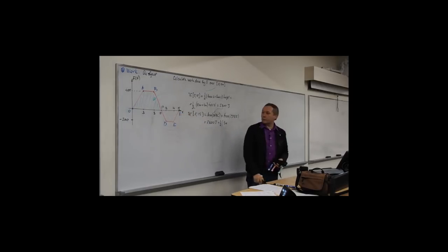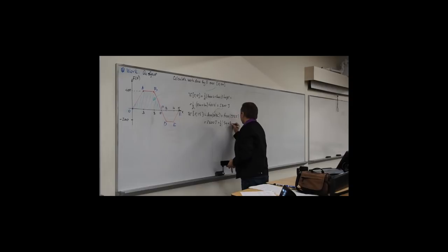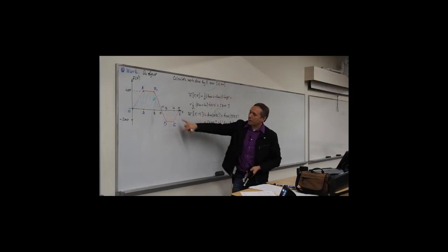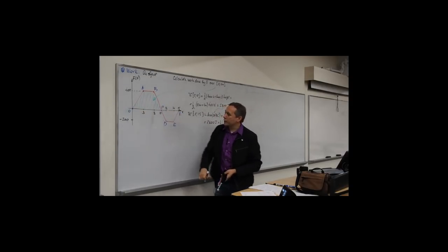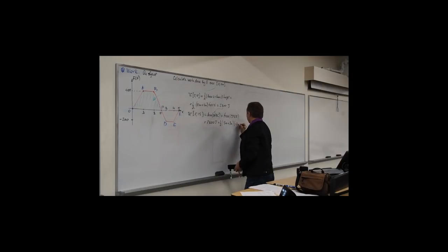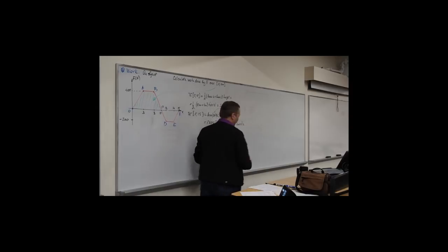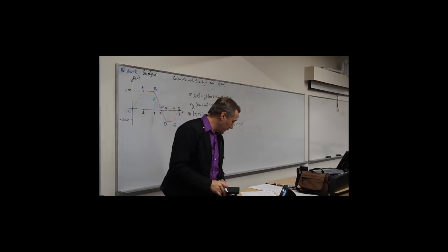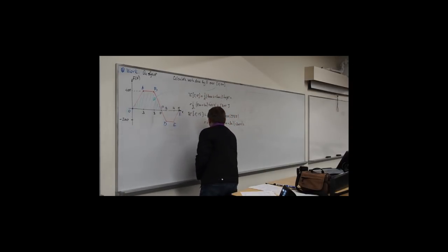It will be 2. Plus 2 meters. And times height, and height, of course, is now negative 200 newtons, right? Of course, it will be negative. 2,800 joules minus 700 joules.